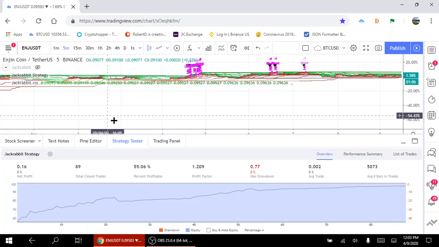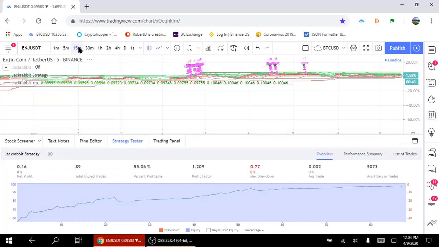Okay, now it's only 55% successful and 1.2 profit ratio, but it's still making a profit. So 89 candlesticks per trade, or 89 minutes, roughly speaking.